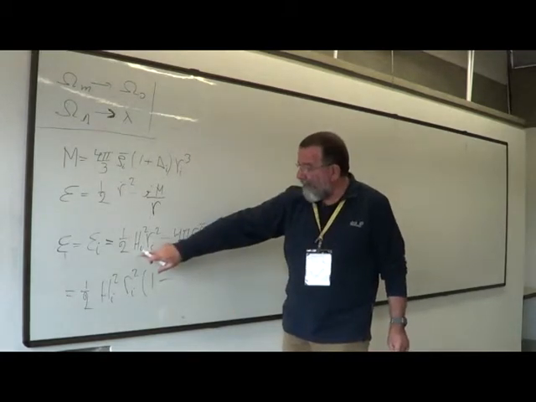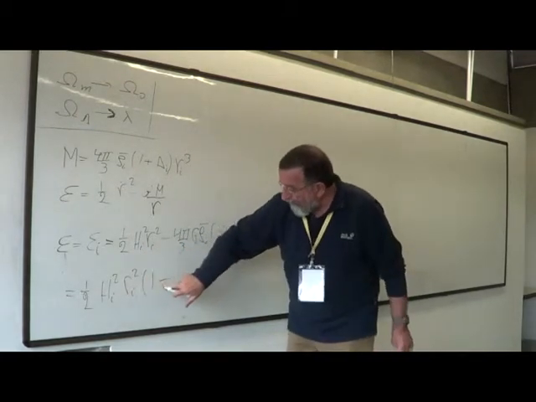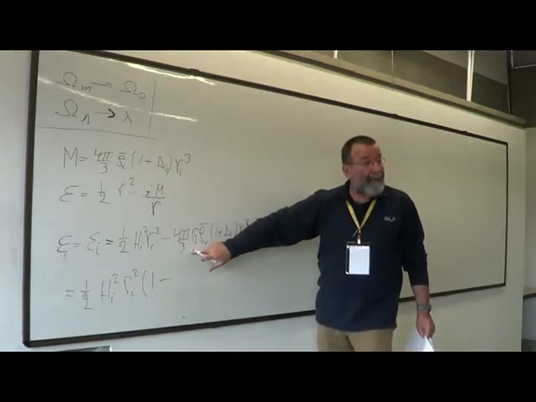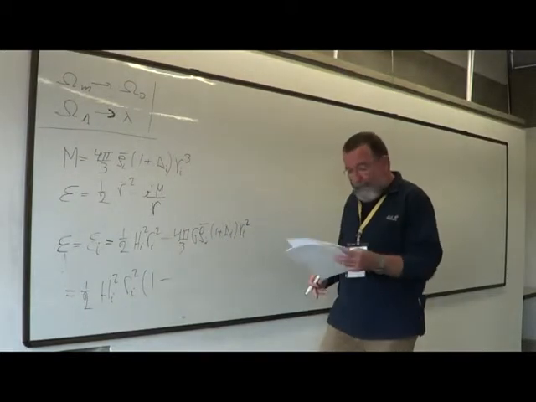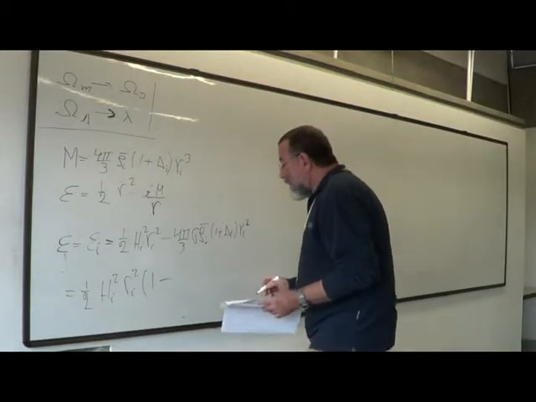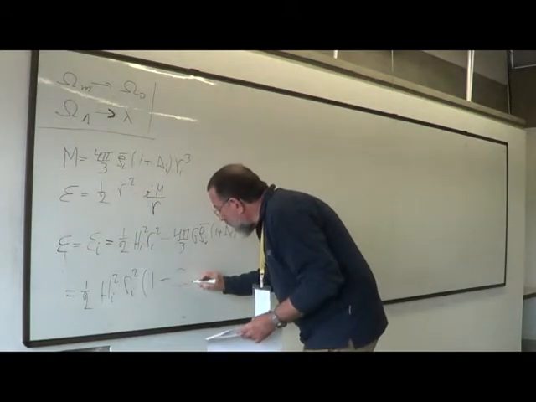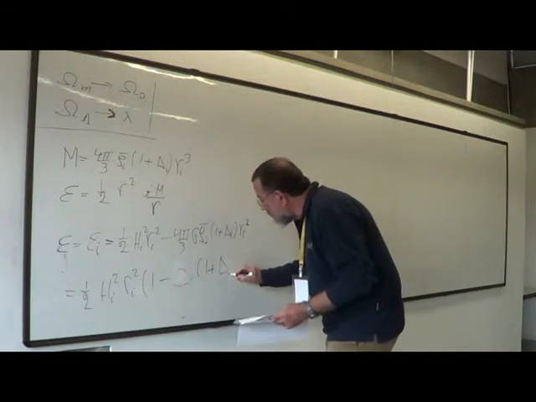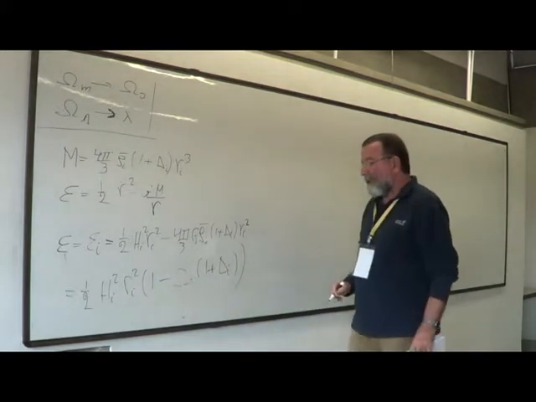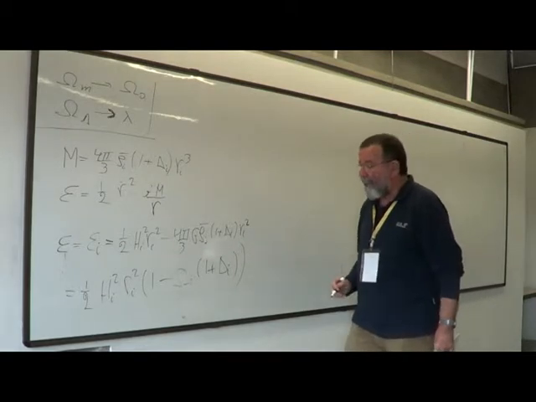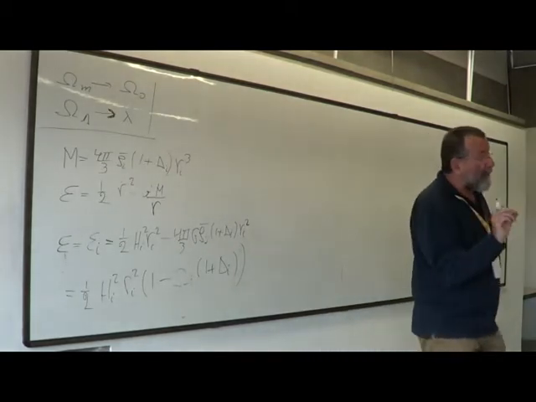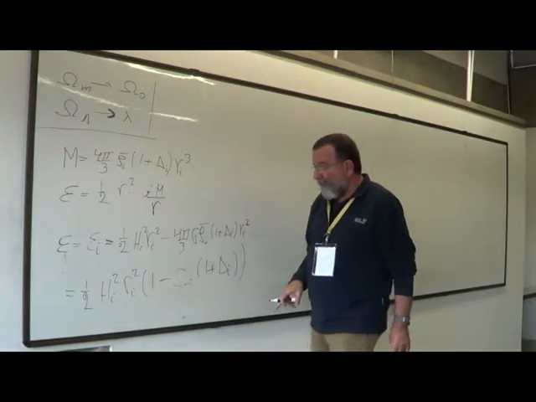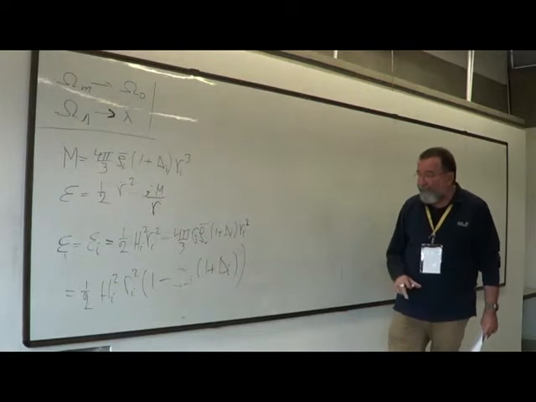And I have an H I squared that I'm pulling out of the parentheses, so I have to divide by H I squared. So again, I'm getting here the critical density. And so what I have at the end is 1 minus omega I times 1 plus delta I. And so the total energy of the perturbation, which is conserved all along the way, can be expressed in terms of the initial phase.